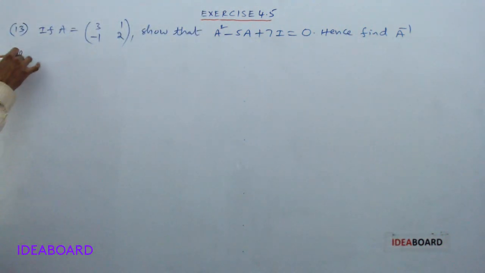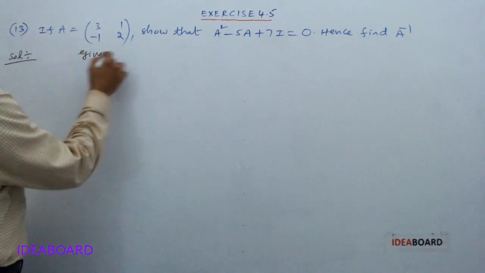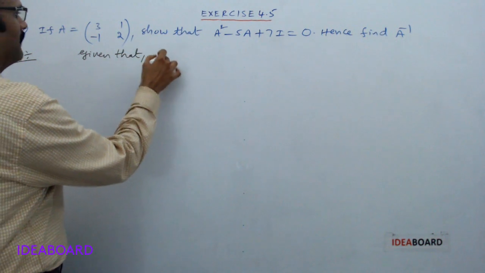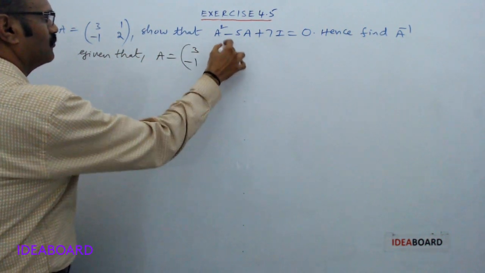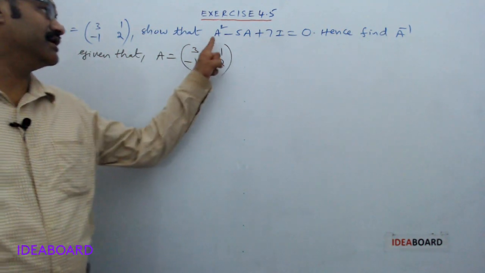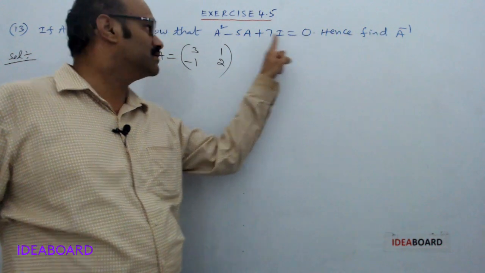Solution: it is given that A equal to [3 1; -1 2]. We have to prove that A square minus 5A plus 7I equal to null matrix.